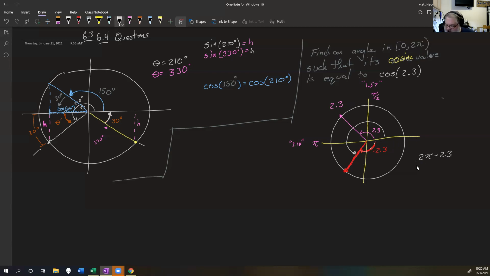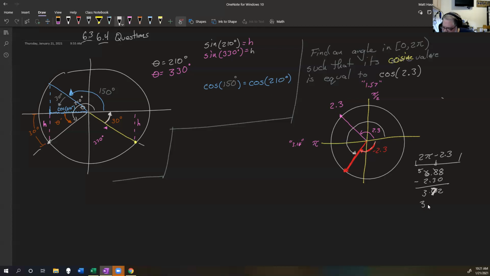If we want an exact value, that's an exact value. If we wanted to approximate it, 6.28 minus 2.30. So 3.72.